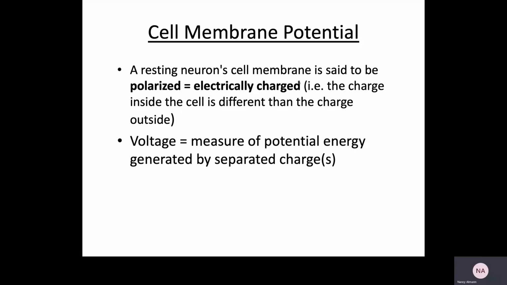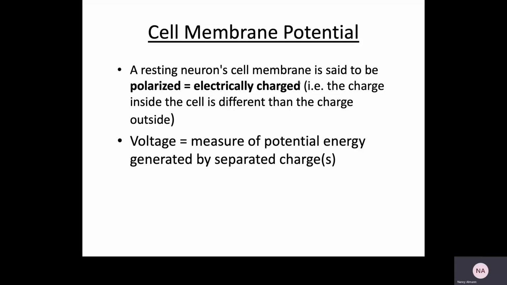So cell membrane potential, what is it? If you have a cell, a neuron in particular, at rest, there will be a very slight charge in terms of the voltage on either side of the cell membrane because of the amount of ions.